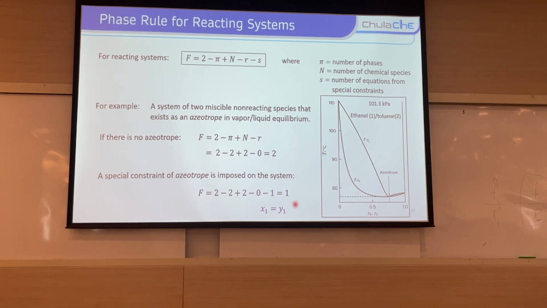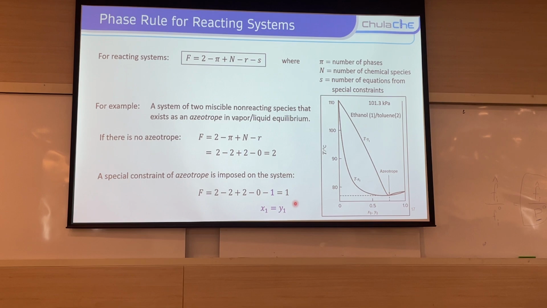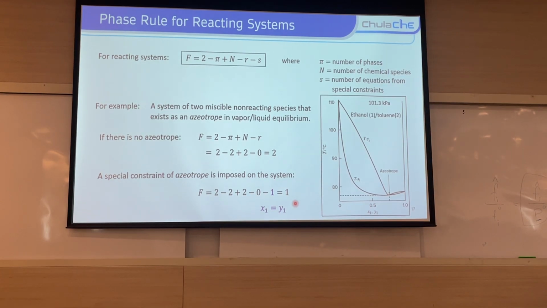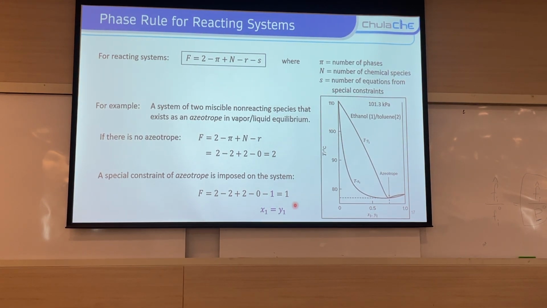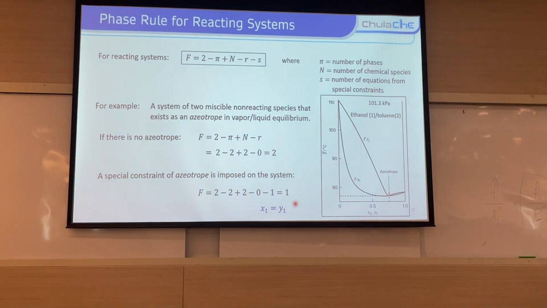The meaning of the degrees of freedom is useful when you have a very complicated system and you want to know how many parameters you have to fix for the system to get into the condition that you want.